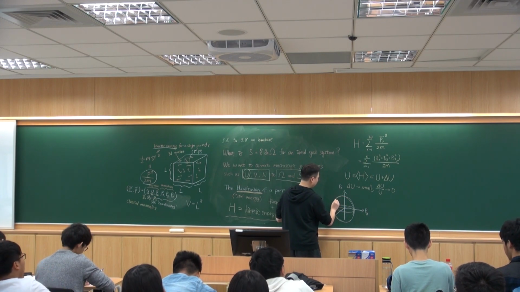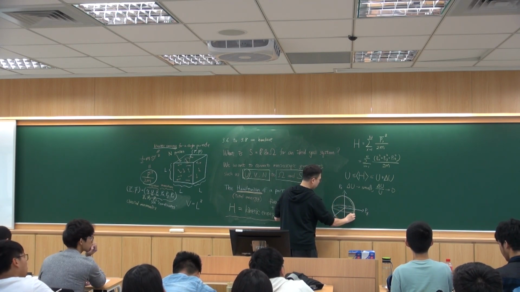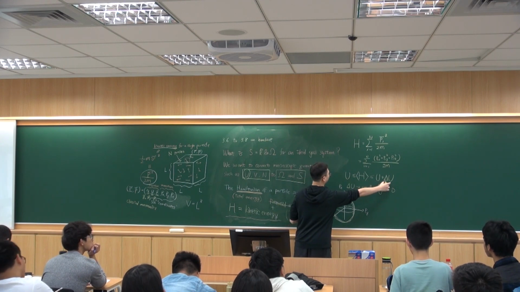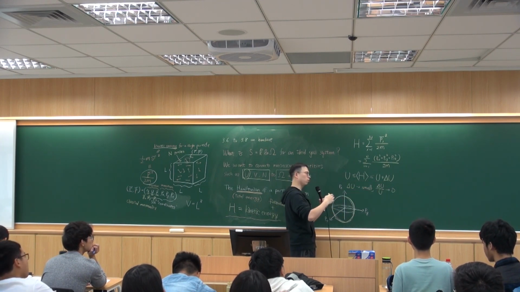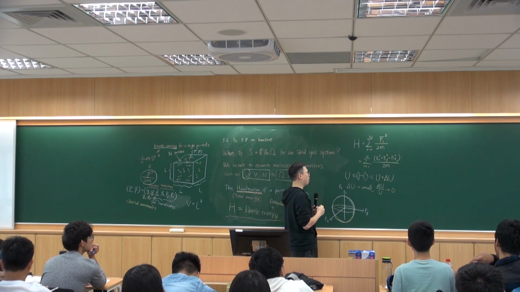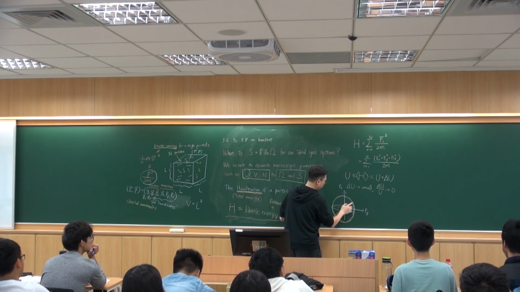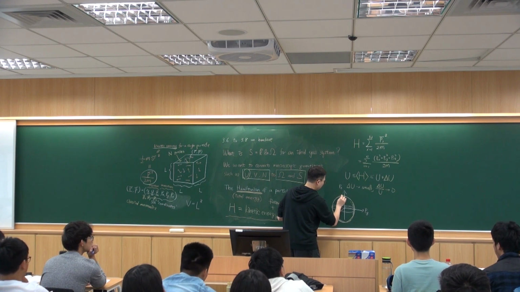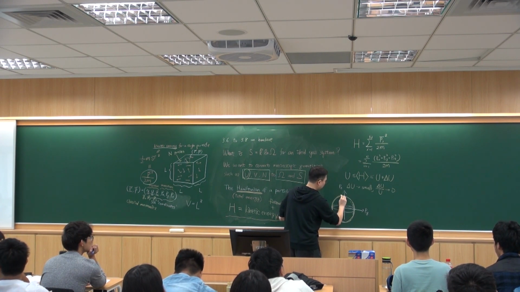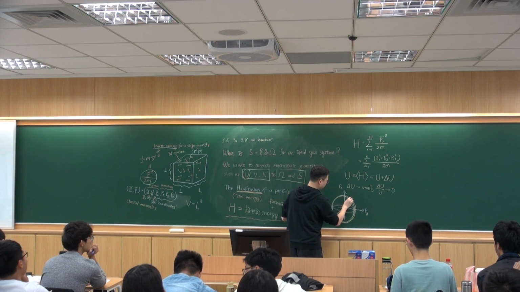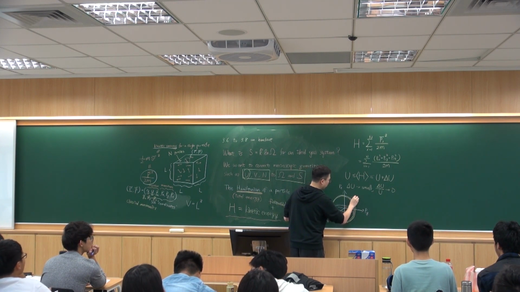But we know that from here, we allow this uncertainty, which is delta u. Therefore, you can say that there's a range for this shell, and the thickness of this shell is related to delta u.